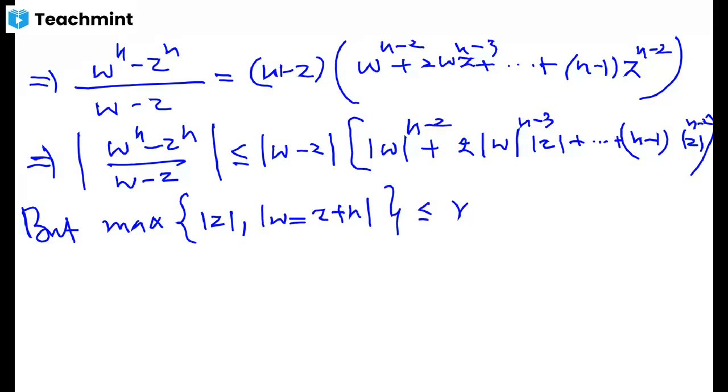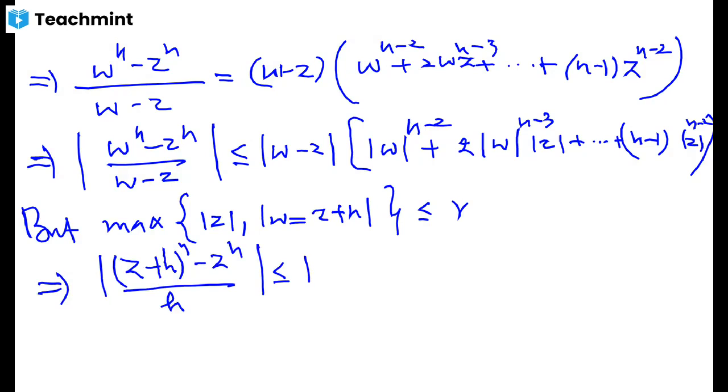So you can write that z plus h to the power n minus z to the power n upon w minus z, which is h, is less than or equal to mod of h times the bracket.